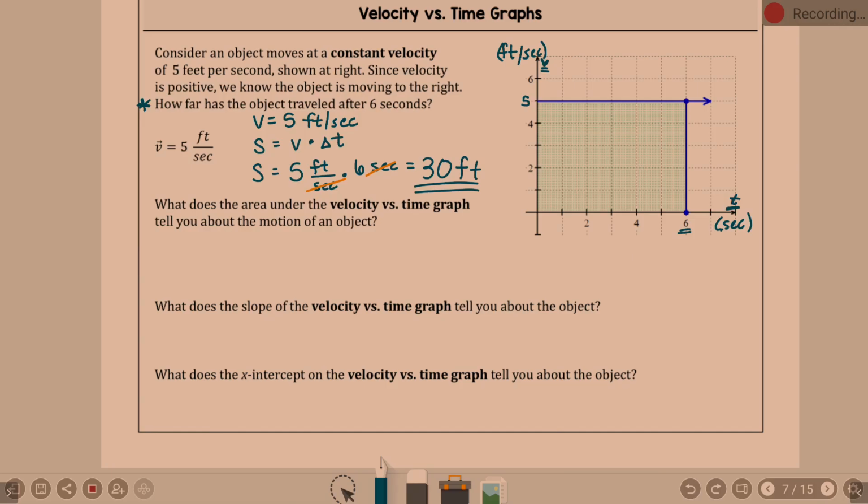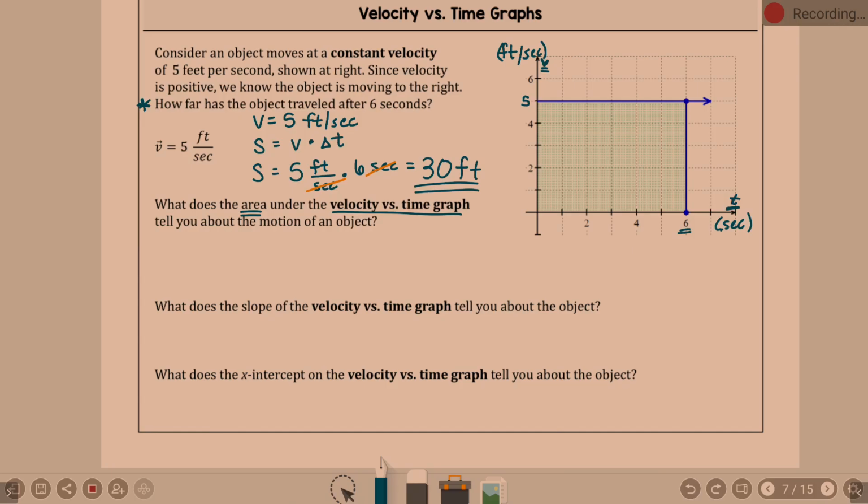Okay, now this leads us into what Logan referred to as the first question a moment ago. What does the area under a velocity versus time graph tell you about the motion of an object? And this area is what we just found, isn't it? We just did the velocity times the change in time, and we got a distance.